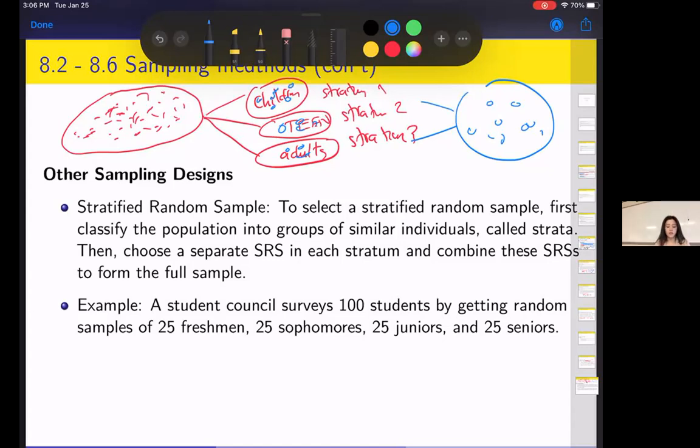So in the freshman stratum, everybody in the freshman stratum, I'm going to randomly choose 25 students. In the sophomore stratum, I'm going to randomly choose another 25, and likewise for junior and senior. And then I combine them all, I get 100 students for my sample. Does that make sense? So that's stratified random sample.